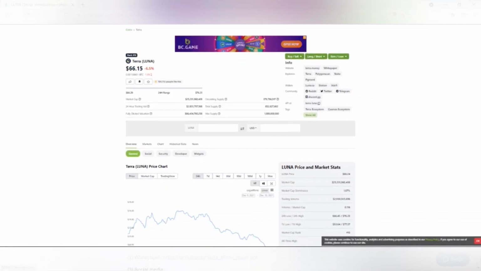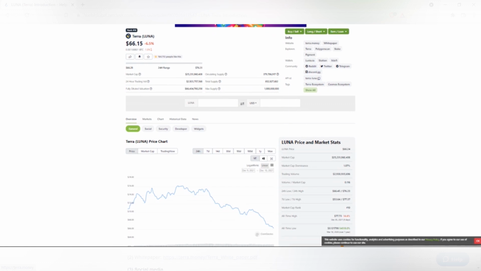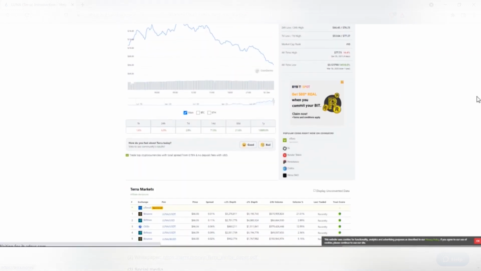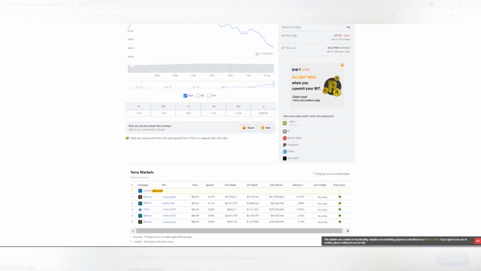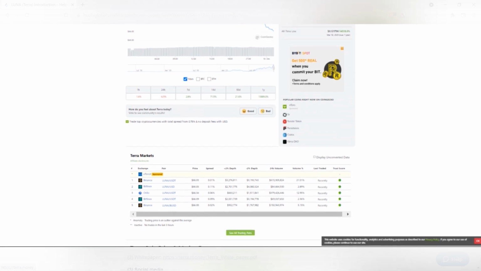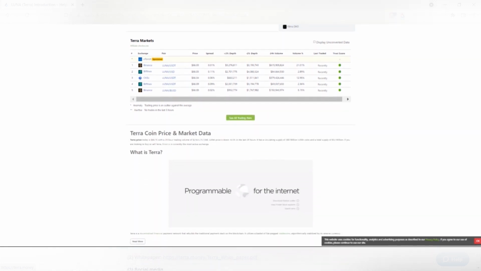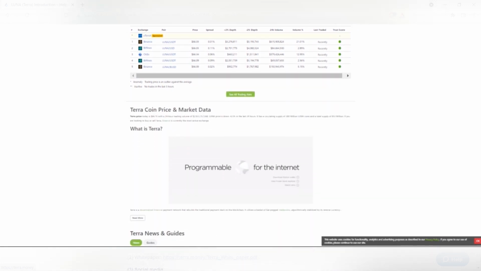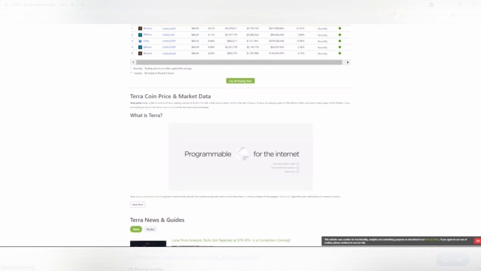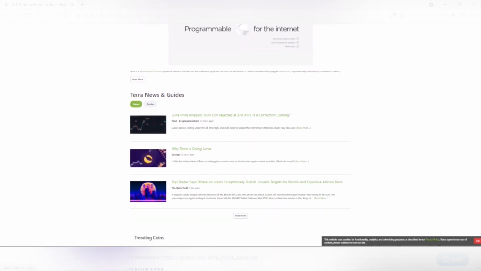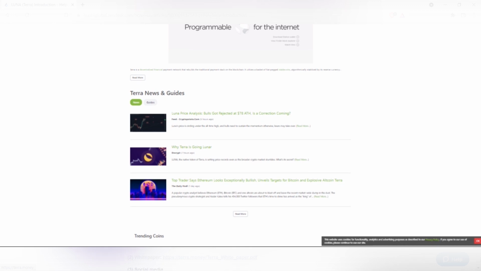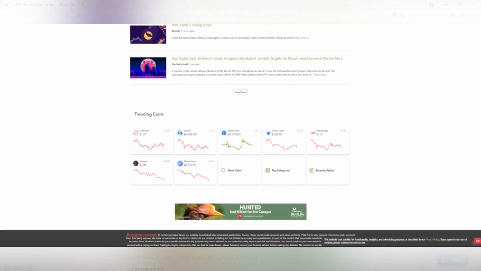So let's talk about Luna's tokenomics, and I do use Luna and Terra interchangeably. Luna is the token, Terra is the blockchain, just to be clear. There will be a total supply of 1 billion Luna tokens, and I think 4 billion of those tokens were burned originally right at the beginning of the project. So really it's less than a billion, but 1 billion is just so much easier to say.